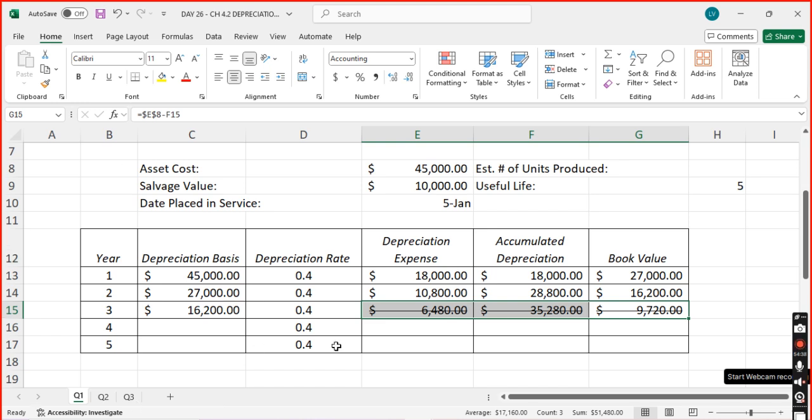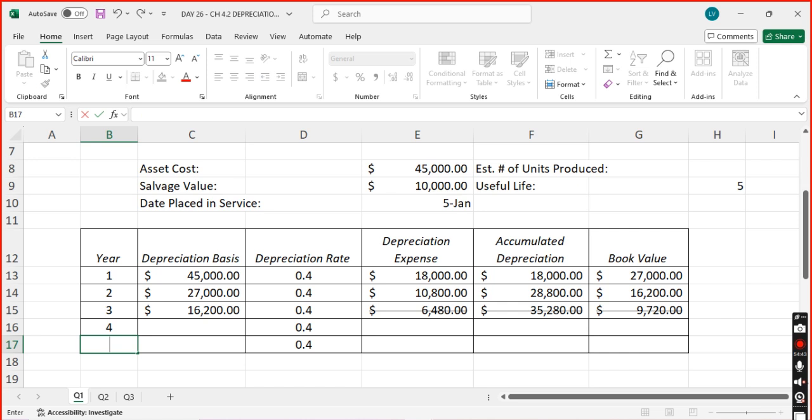So let's do it that way first, because this is supposed to be third year, so I'm going to erase this because it didn't last. Let's say it's third year, if you're supposed to be at $10,000 for your book value, how do you solve for your accumulated depreciation?